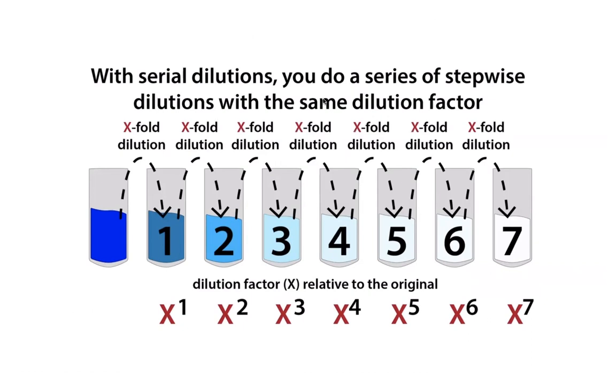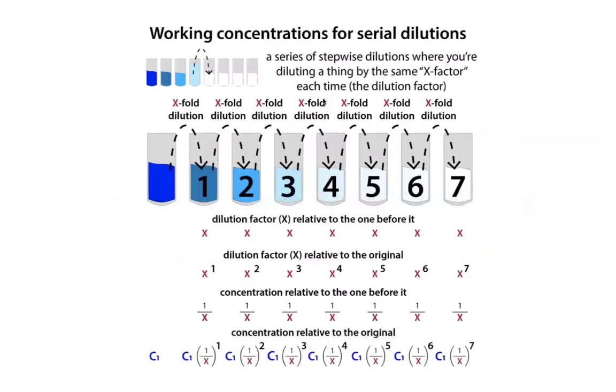And so basically you can figure out the final concentration of any tube based on knowing what dilution you're at. So you can figure out the dilution factor as well as the concentration relative to the original. Relative to the tube before it, the change is going to be constant, but relative to that first tube, that's where you're going to see this exponential difference.